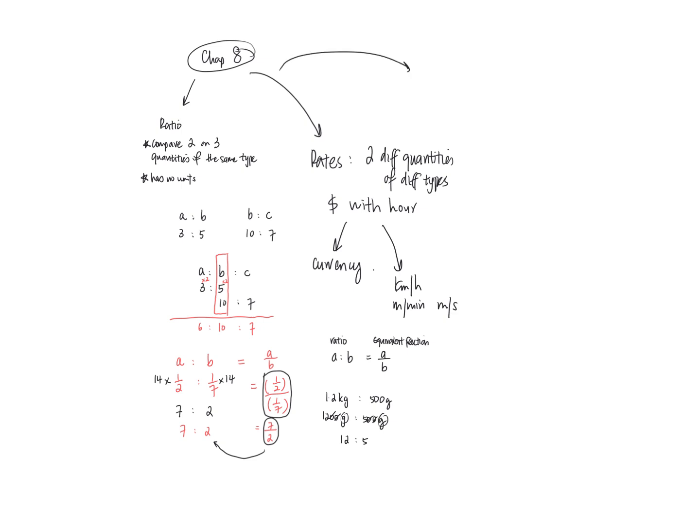Last one is of course speed. So for speed, there is this triangle: distance, speed, time. If you want to find distance, it is speed times time. If you want to find speed, it is distance divided by time. And if you want to find time, it is distance divided by speed.